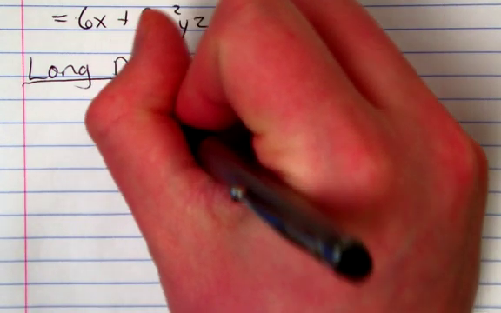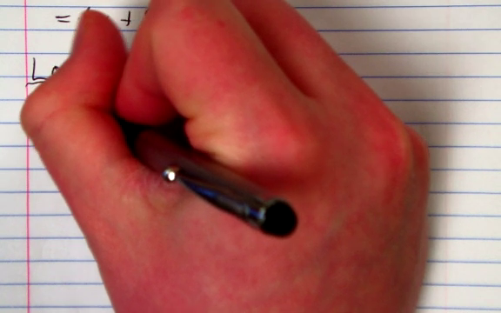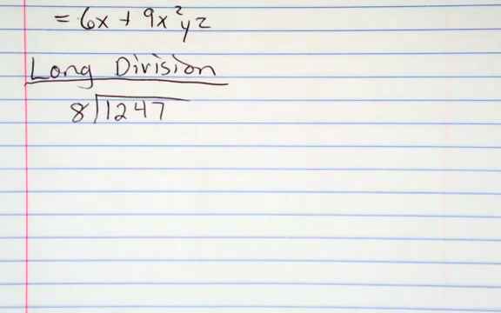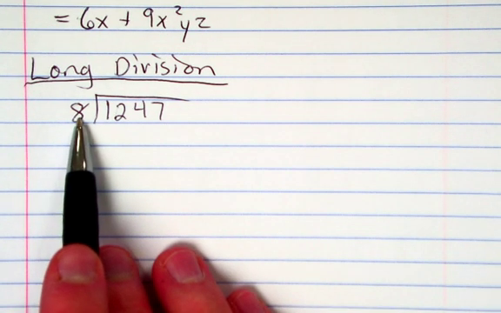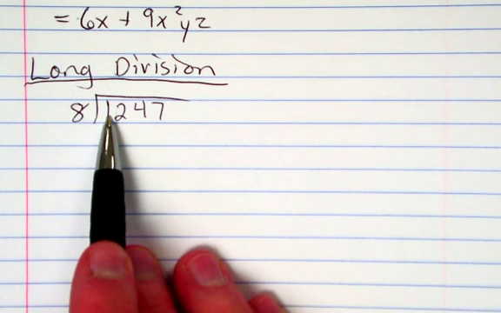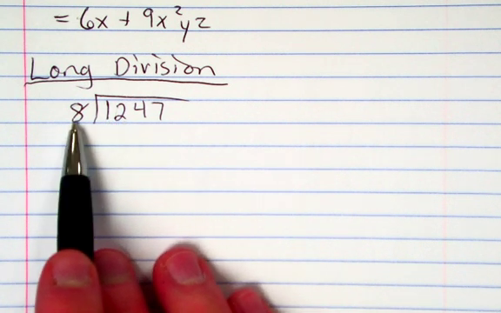So let's say that I had 1,247 divided by 8. Now with long division, remember, I would first take this 8 and ask how many times does 8 go into 1? Well, it doesn't, so I'm going to extend my question to the 2 as well.